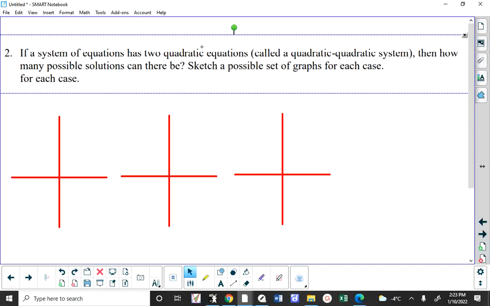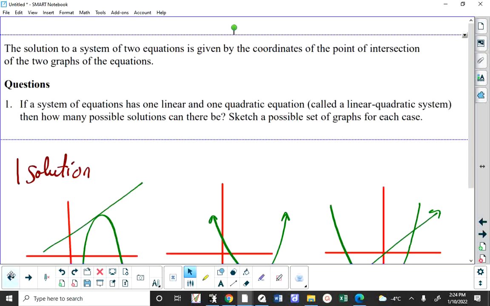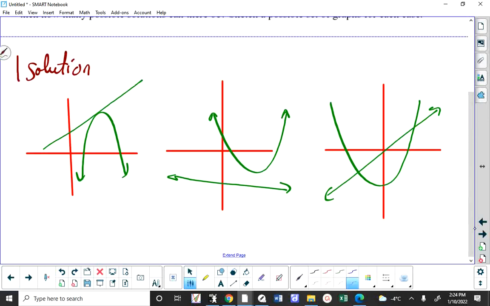Is it possible that a quadratic system of equations can have no solutions? Well, if it is, then that means it's possible for 2 parabolas to never intersect. And there's lots of ways that can happen. Let me make sure I wrote something here. I didn't really complete my thoughts here. 1 solution, no solutions, 2 solutions.